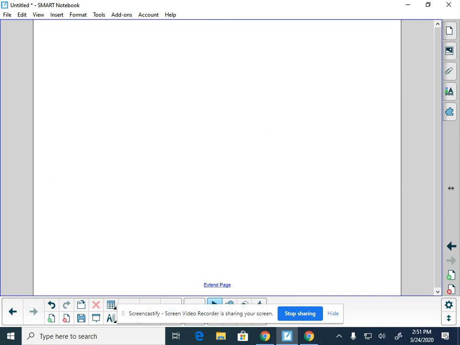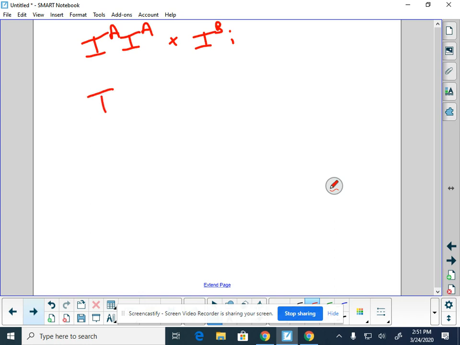So let's do a practice question here using blood types. Let's say dad is homozygous for blood type A. And we're crossing dad with mom, who is heterozygous for blood type B. Normal Punnett square now.